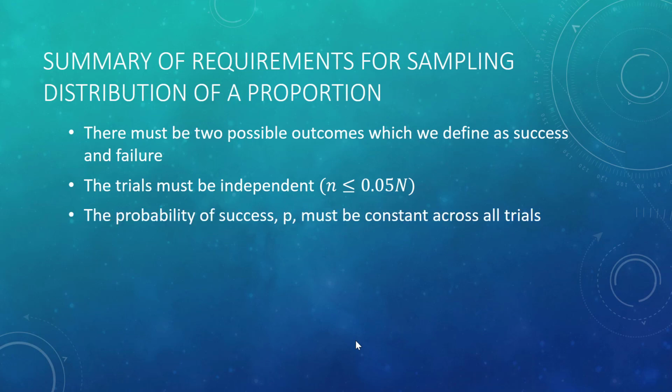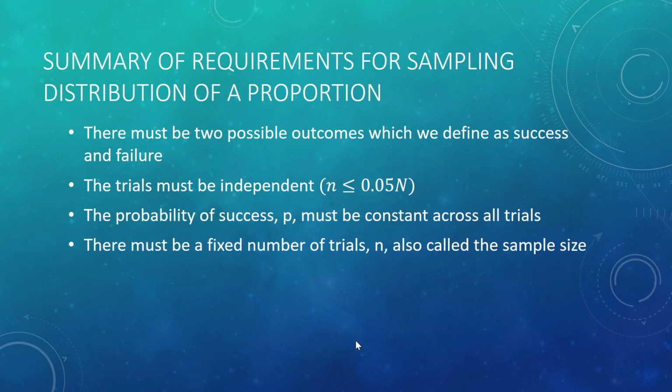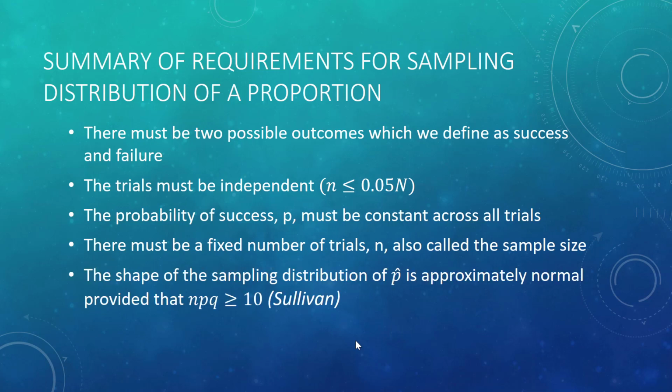And we say that the probability of success p has to be constant. There must be a fixed number of trials n, also called the sample size. So that's your binomial requirements. There's one extra requirement, and that is that n times p times q has to be at least 10. So again, all 5 of these requirements must be met in order to construct a sampling distribution for a proportion.